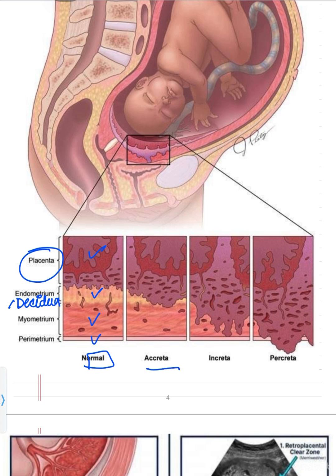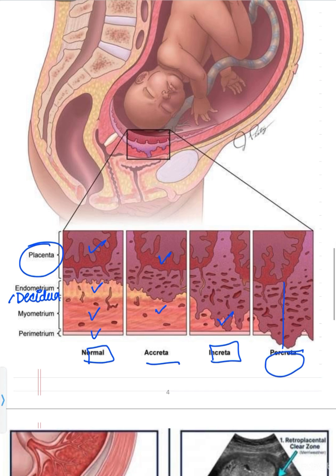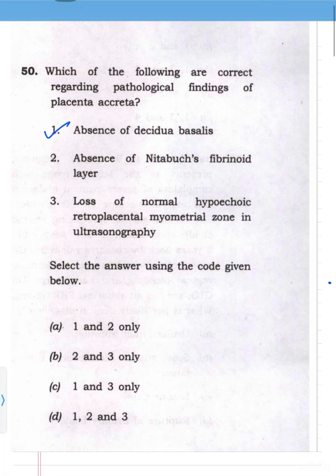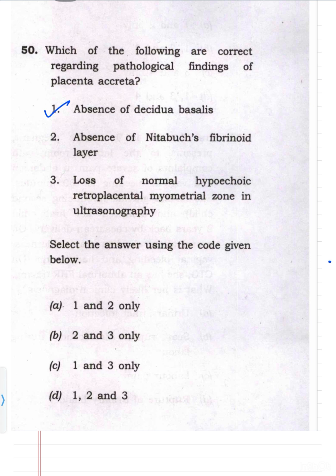But in accreta, the decidua basalis is absent and the placenta is directly attaching to the myometrium. In increta, the placenta is invading the myometrium, and in percreta, it is passing through the myometrium. So this is the pathology in placenta accreta, the absence of the decidua basalis. So this is correct.